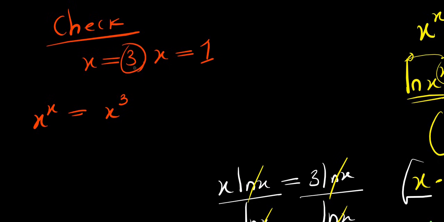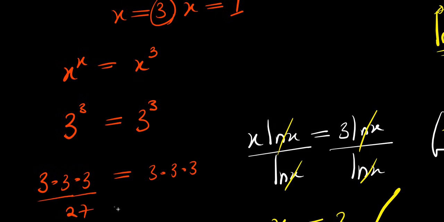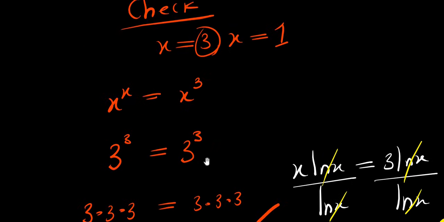We start with x equals 3. That will be 3 power 3 equals 3 power 3. And what is 3 power 3? That is 3 times 3 times 3 equals 3 times 3 times 3. 3 times 3, 9 times 3, this is 27 equals 27. That has satisfied the equation.